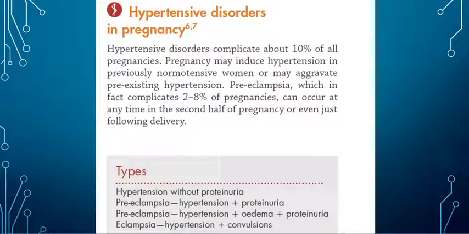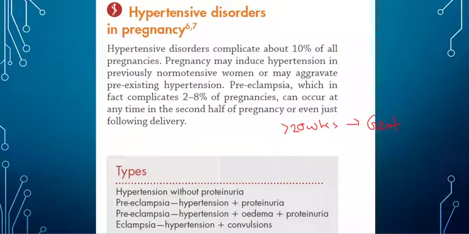Okay, so if a pregnant patient develops hypertension during pregnancy, that's something which we will worry about. Now, there are a few terms that you need to remember. One of them is, if a patient develops hypertension after 20 weeks of pregnancy, that's what we call gestational hypertension.